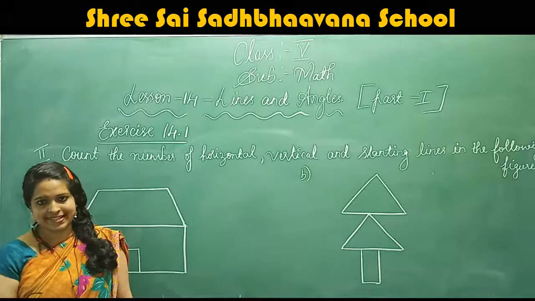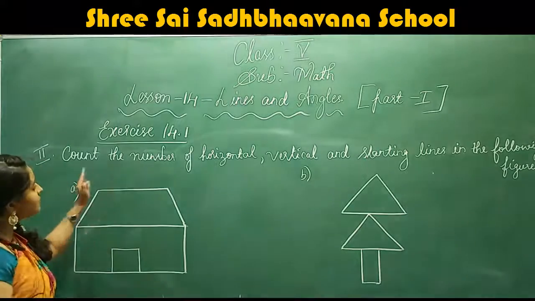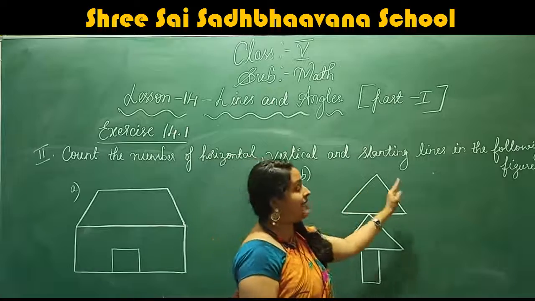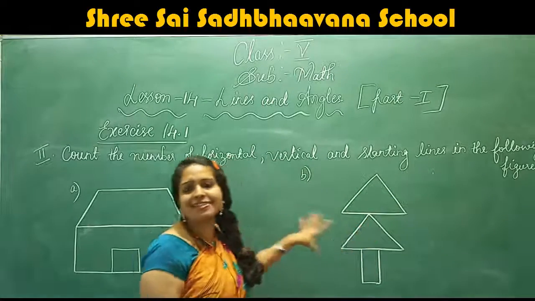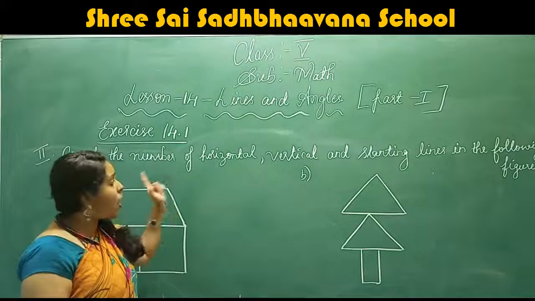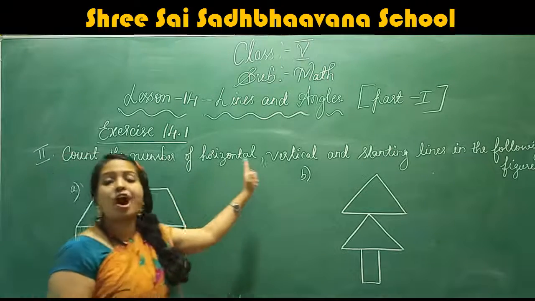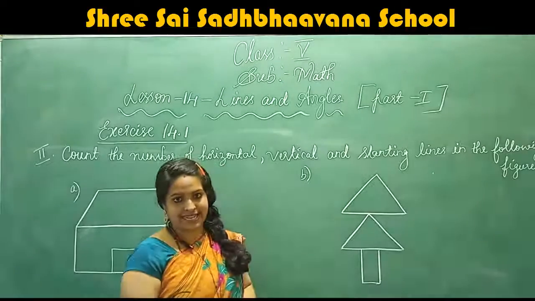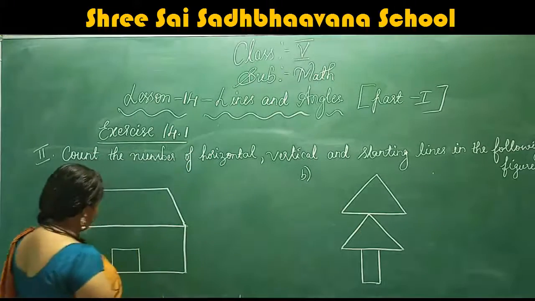Children, now let us discuss the second question. It says, count the number of horizontal, vertical and slanting lines in the following figures. So here some figures are given. In each figure you have to count how many horizontal lines, how many vertical lines and how many slanting lines there are. Let us see the first figure.